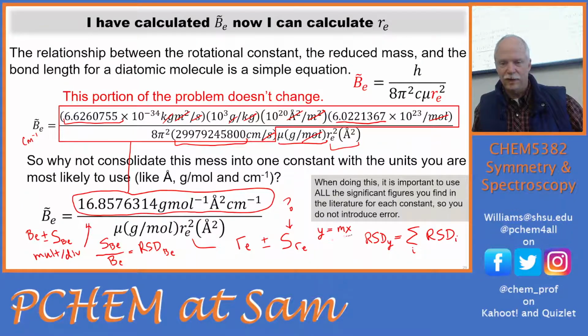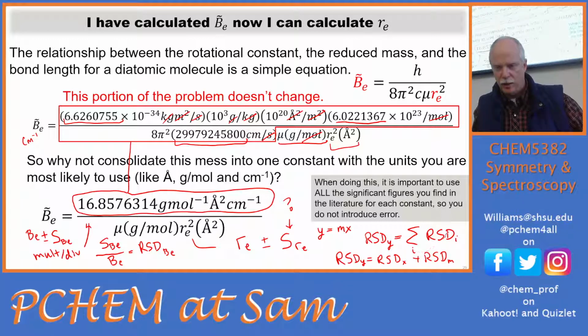So if I have different pieces, like I have an X and I have an M, my RSD for my Y value is equal to RSD for X plus RSD for M. And I think those are squared, aren't they?